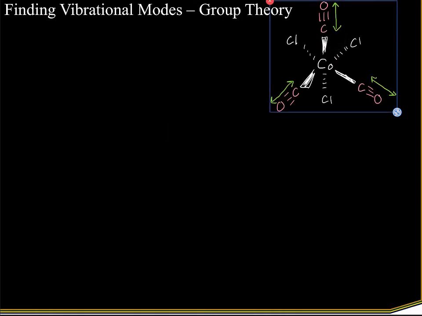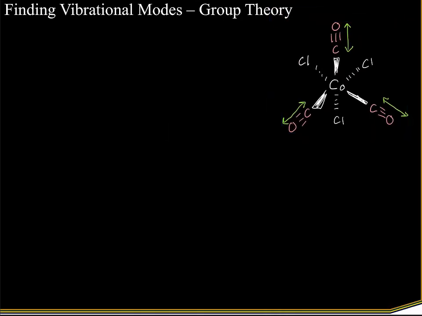And so we have our compound, which I will paste back over here so we have it in front of us. As I said before, this is a C3V complex. So if we look up our character table, we can see that it has 3 different classes of symmetry operations. It has the identity, it has 2 C3s, and it has 3 sigma Vs. So this is our character table that we're looking at.